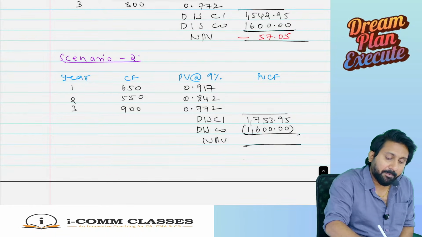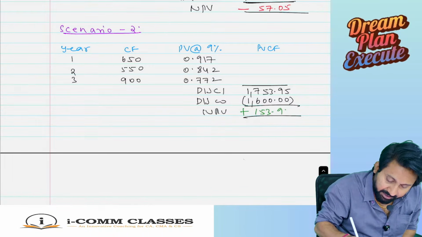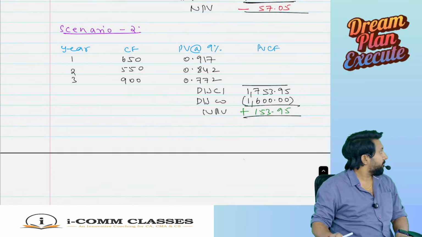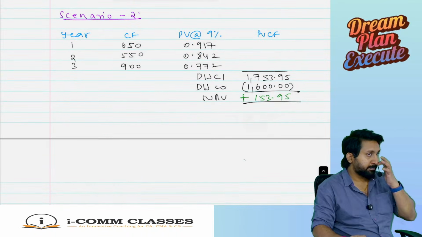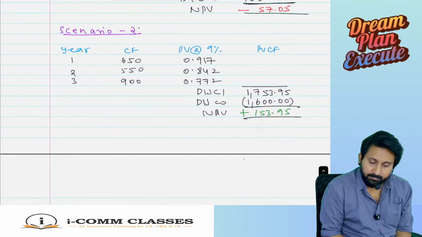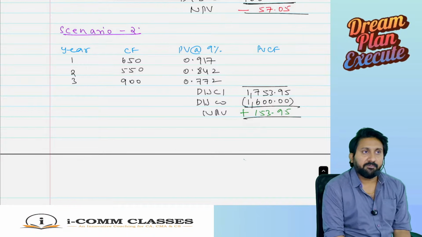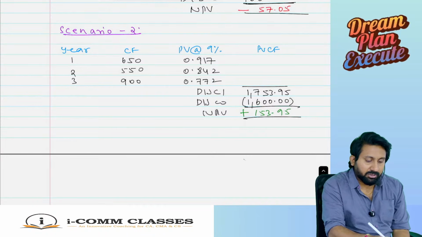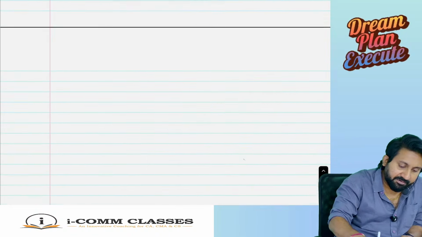Now am I getting a positive NPV or negative NPV? Positive. 153.95. Shall I go to scenario 3, everyone? Make it very fast, everyone in the class.